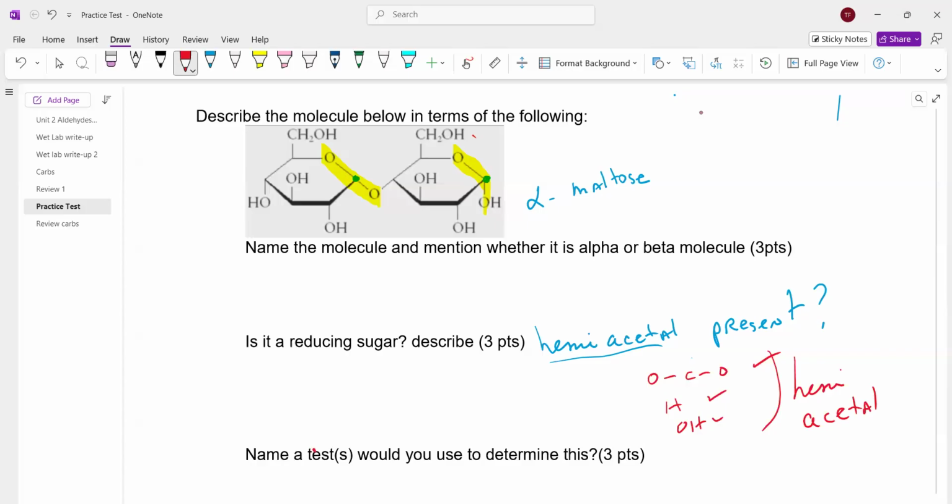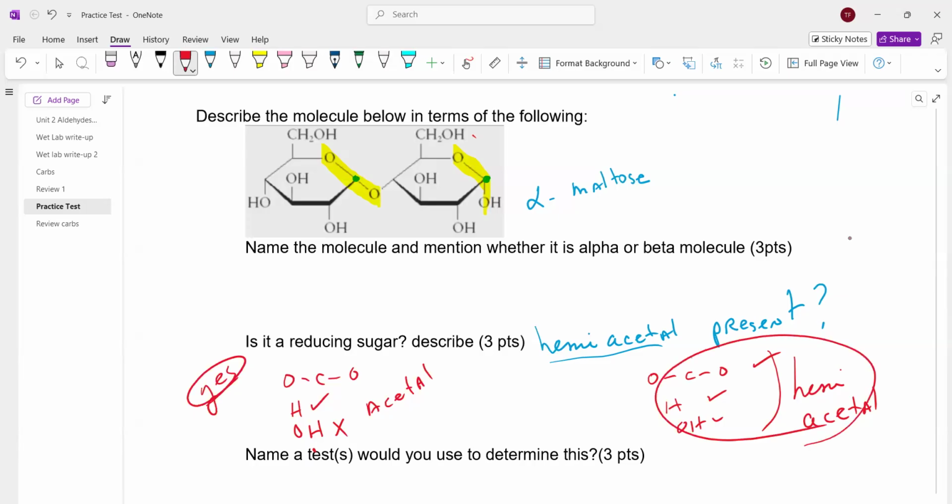The one on the left, OCO, has an H and it has no OH. So this is an acetal. So the answer to this is yes, because of this.